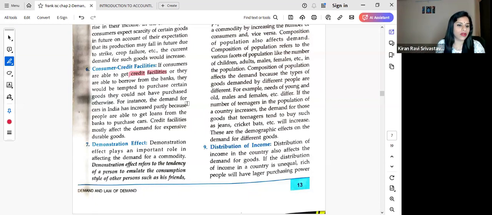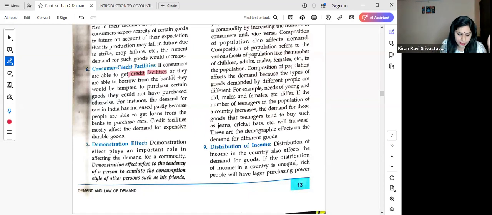So it's like a loan. Now you can understand, if I have a credit facility, then the quantity demanded increases. If I do not have credit facilities, I can't purchase, and the quantity demanded decreases.